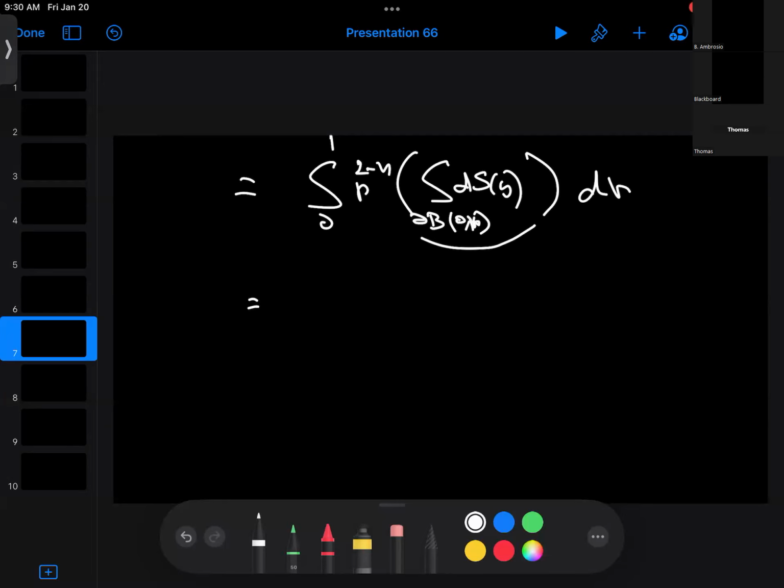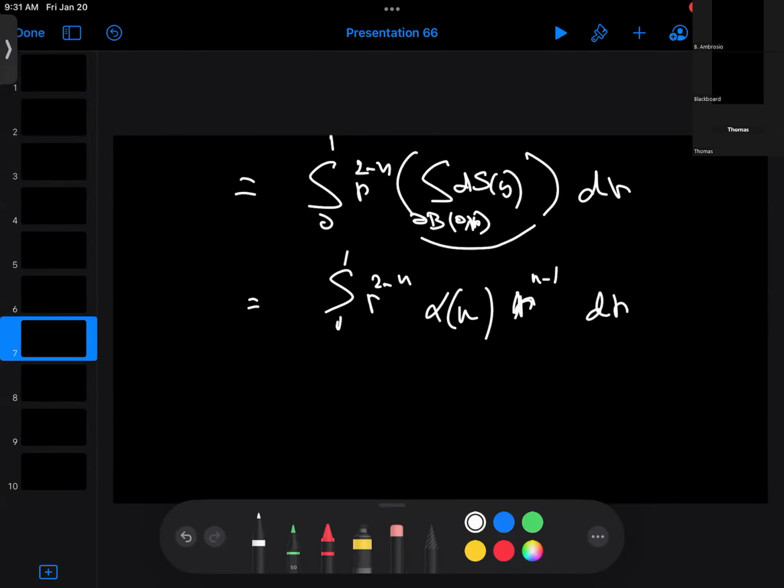So this is the Lebesgue measure of the boundary of the ball of radius r, and this is a constant which depends on the dimension, so I call it alpha n, times r^(n-1), because the boundary of the ball of radius r is actually an object in dimension n minus 1. And so I have this.